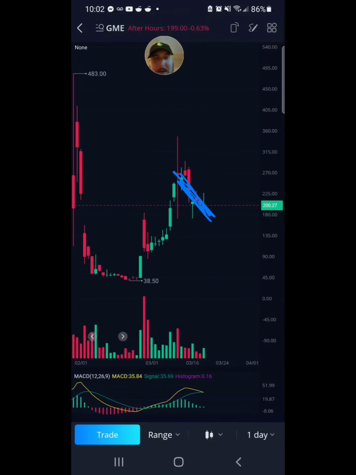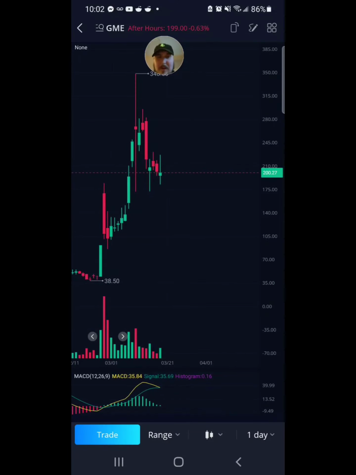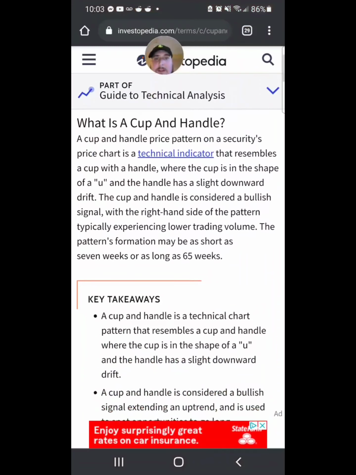And normally after cup and handles, there's a couple of scenarios. Sometimes you'll see a nice correction. You see the correction here for the handle, and then you see it spike up, and then usually maybe you'll see another spike down, but then you see a huge jump. Or you can just see a straight up, or I've seen straight up just moonshots after that. You know what I mean? So cup and handles are very bullish patterns here.